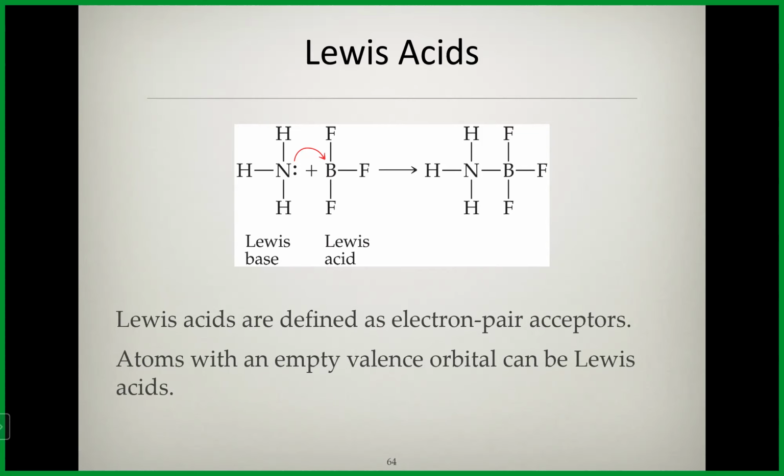It's going to be electron deficient, so you can think about it as missing those electrons, so we can form that bond there. Based on the definitions we have, that means the ammonia, as it typically is considered a base, is now a Lewis base. And the boron trifluoride is going to be the acid in this case.